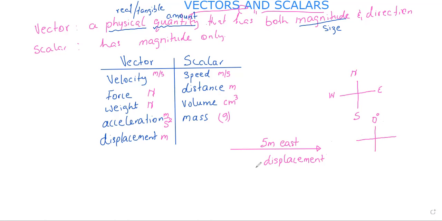Now, let's have a look at what happens when I have 2 or more vectors parallel to each other. I can have 4 vectors like I have there.